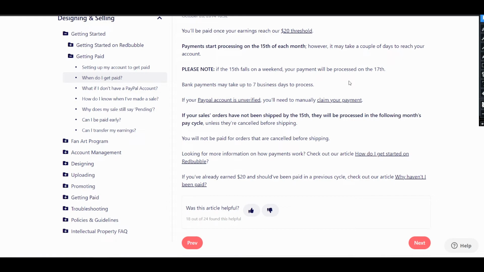But if a customer cancels it before shipping, you will not be paid for this order. So usually you will get also a second email from Redbubble that your product is manufactured and shipped, and the amount of your royalty will be added to your payment in the next month.